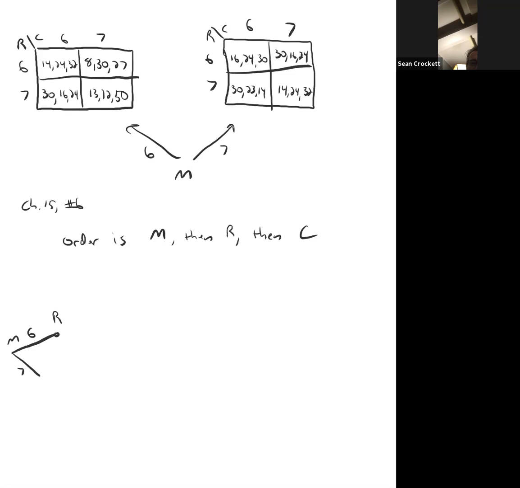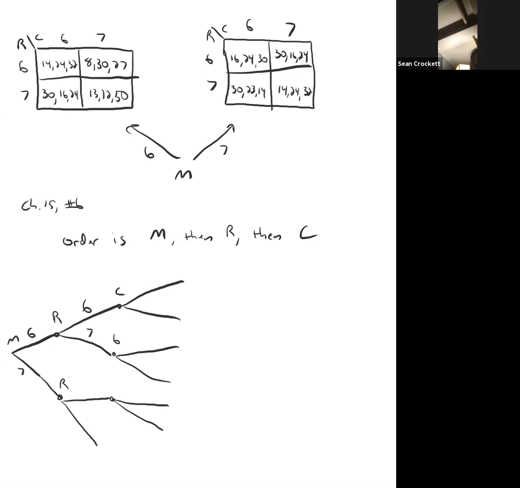And if M has chosen 6, we're on the left matrix, and so R is going to pick 6 or 7. And if he picks 6 or 7, then C is going to pick 6 or 7, but C is going to see everything that's happened coming forward. So basically, the same thing down here. It's not a 6 up there, it's a C.